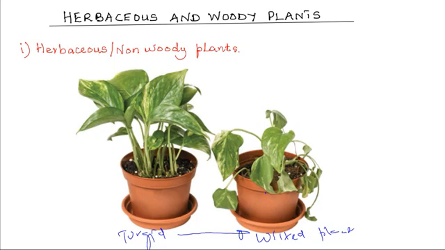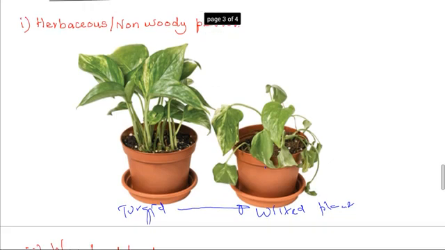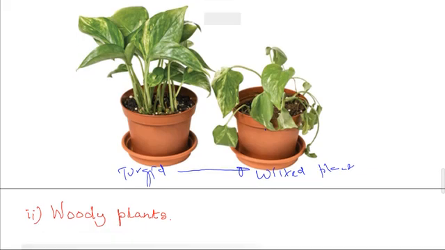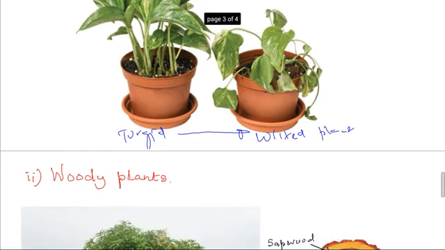So wilting comes about in herbaceous plants when they lose water excessively and the support that is derived from the turgid cells is lost. So the stem droops and the leaves fold. Then the other category of plants are the woody plants.